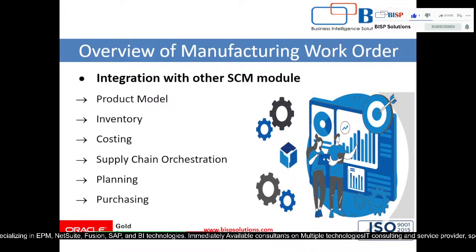And we have the planning, which creates the work order as the supply during the supply planning run, right? Now the purchasing, so the contract manufacturing and the outside purchase manufacturing are enabled through the purchasing, right? We've already seen the outside purchase manufacturing, and we have the contract manufacturing, right? So enabled through the purchasing.